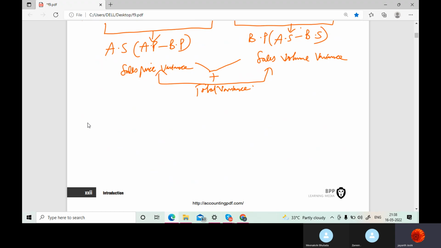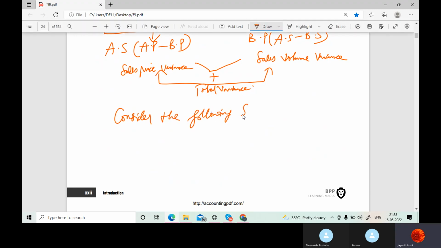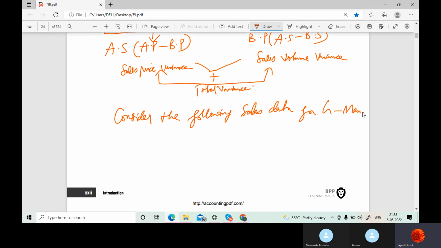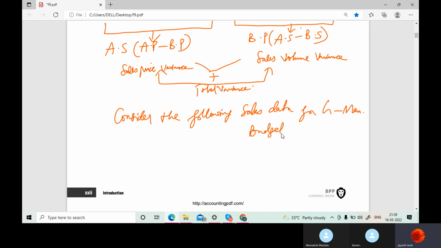Consider the following sales data for G Max company. Budgeted and actual.